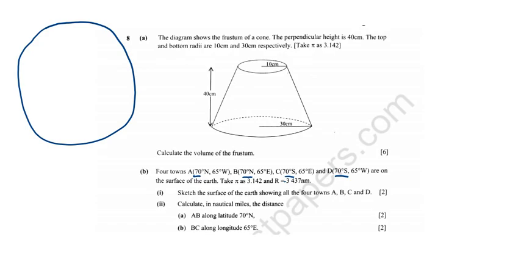So I will draw one latitude here which is to the north, because this side is the north, this side is the south. So I have this latitude which I'm calling 70 degrees north. I also have the other latitude, my 70 degrees south. Those are the two latitudes which I have.